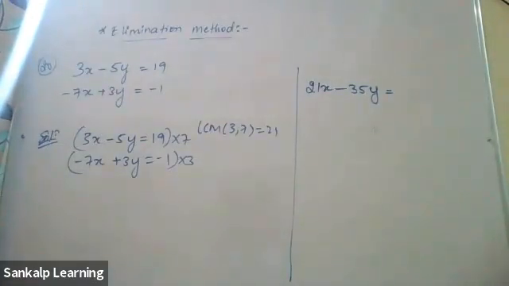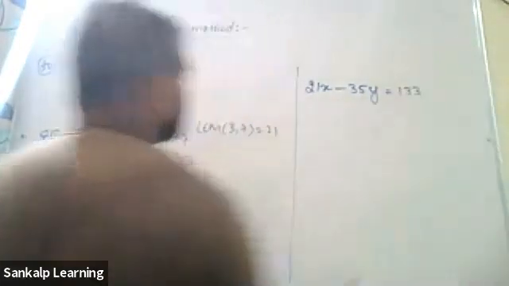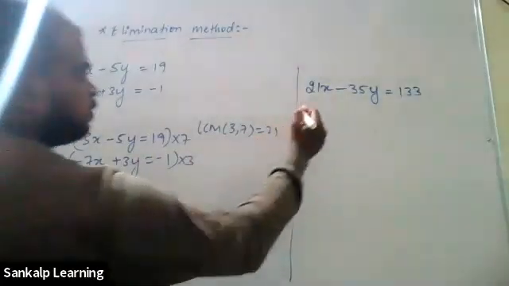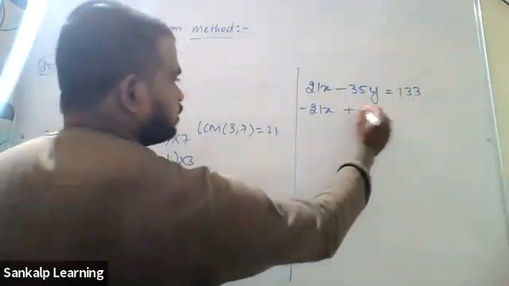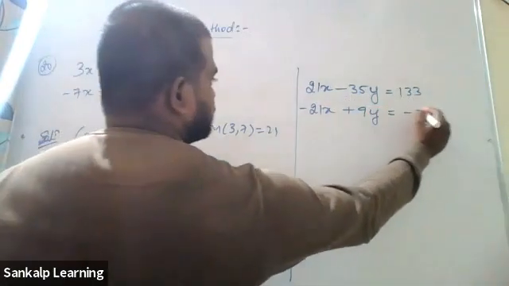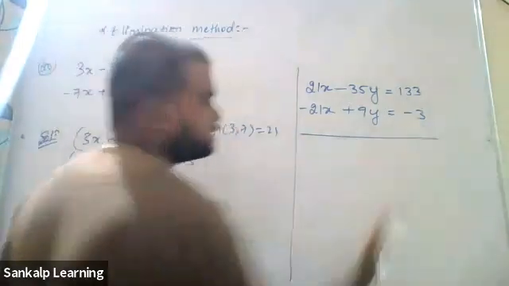Check it out. 3 into minus 7 is 21x. 3 into 3 is 9. 3 into minus 1 is minus 3. That's okay. Good, Trisha.